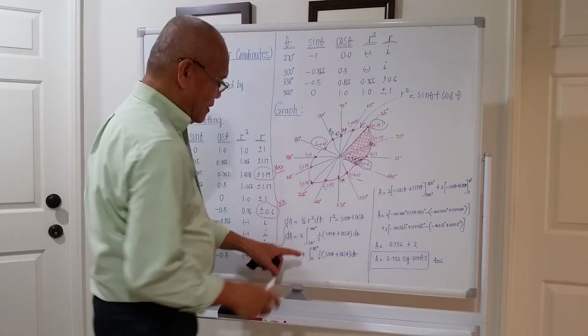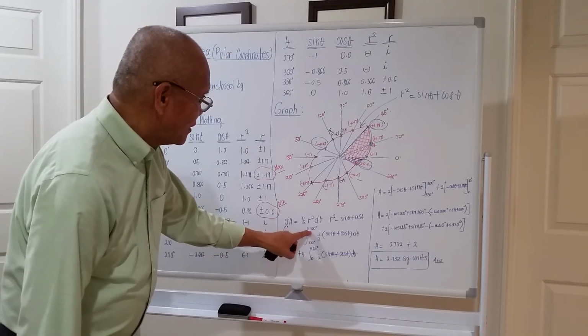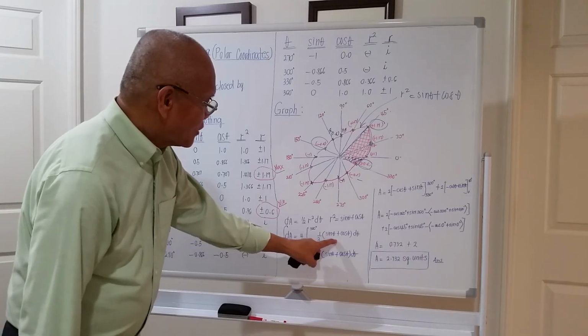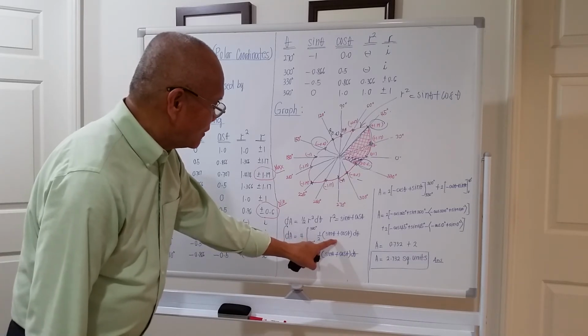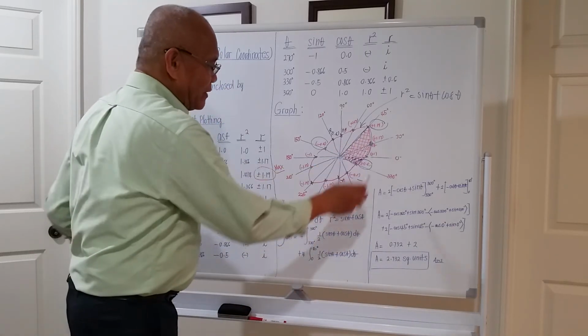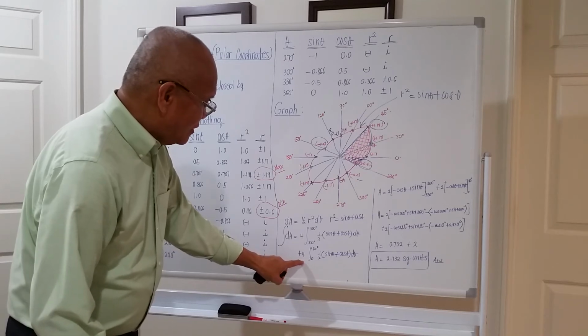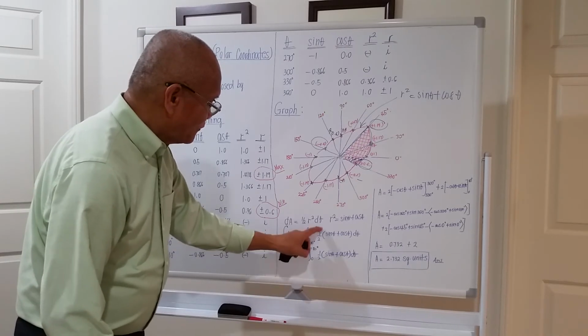Okay? So that is with the limit from 330 to 360 degrees, 1/2 of r squared. r squared is sine of theta plus cosine of theta, differential theta, plus the bigger one, the limit is also 4 times, 0 to 45 degrees.